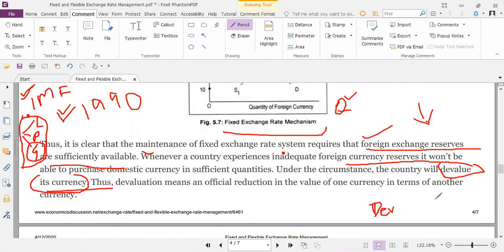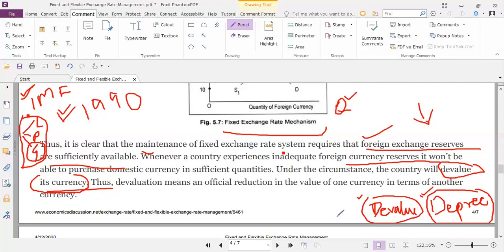We also had depreciation, right? I have said, so what is the difference? I want you all to speak, if anyone can tell me. Devalue, depreciation, the difference.